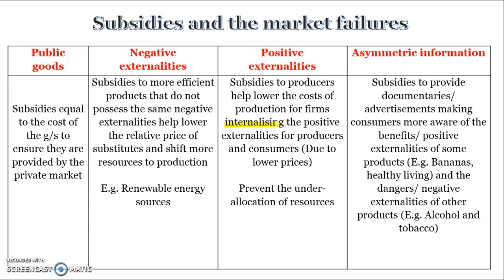For example, we might subsidise ads or documentaries for healthy living, or the benefits of eating fruit and vegetables. Or we could subsidise campaigns to show the negative side effects of products with negative externalities. So we could have documentaries on alcohol and tobacco, or things like the sugar campaign.